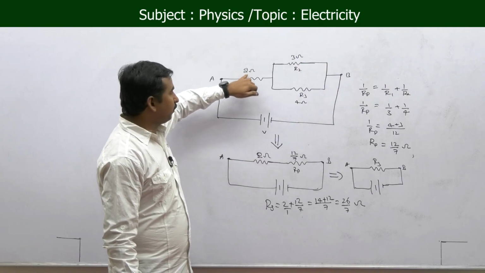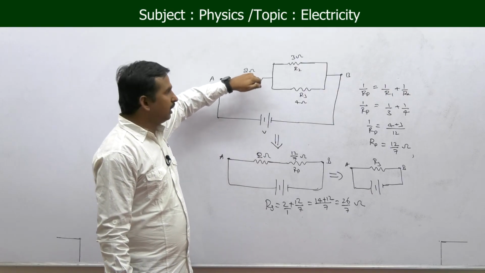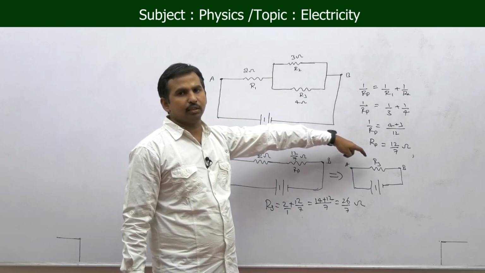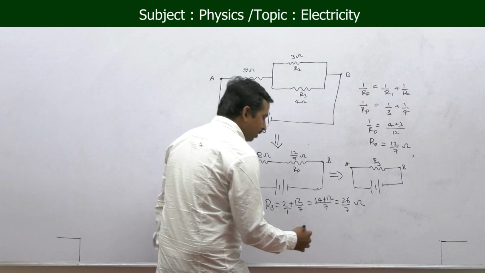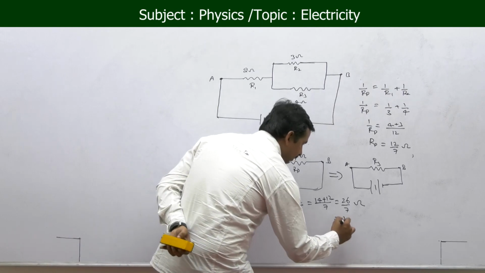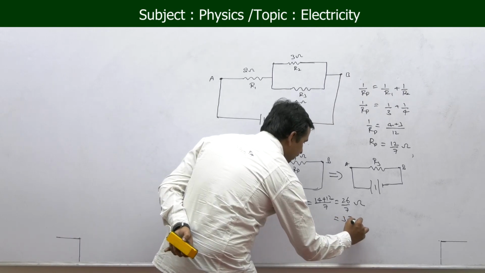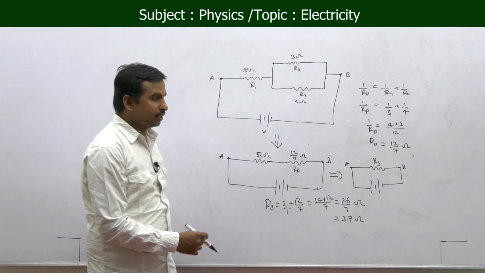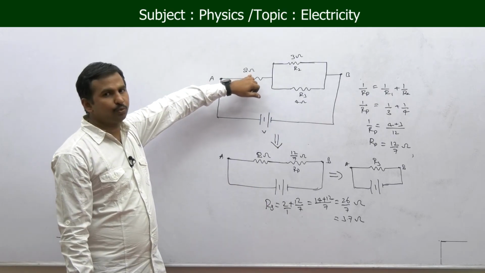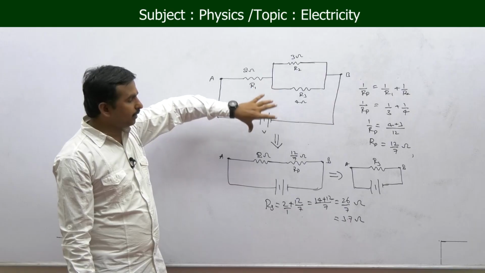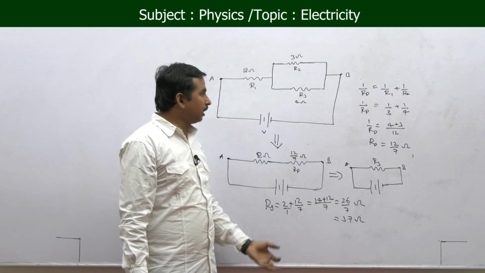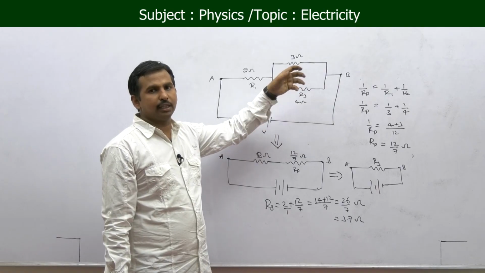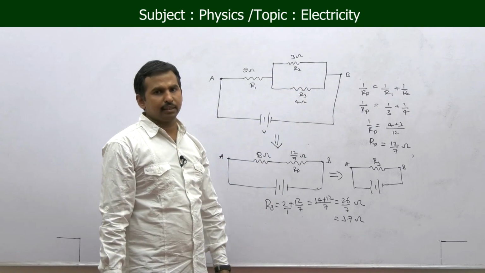And in the series case, where 2 is added, we get a larger value: 26 by 7 is about 3.7, which is more than 2 ohms. That's why in a series connection the resistance value increases, whereas in a parallel connection the resistance value decreases.